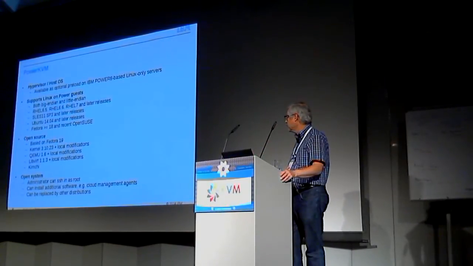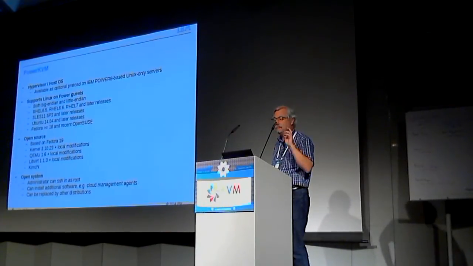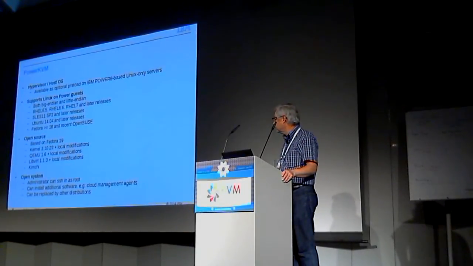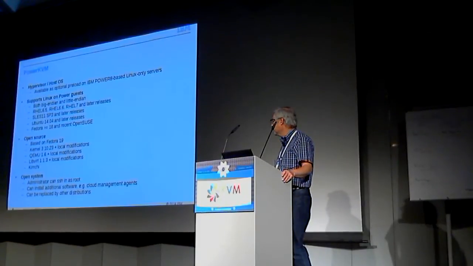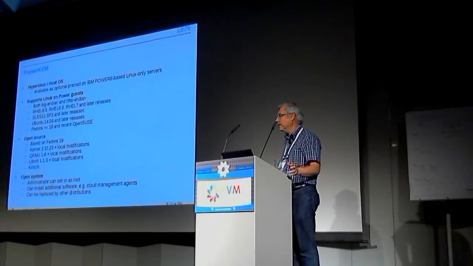It's an open system. We haven't locked it down in any way. You can SSH in as root and you can change things, configure things. If you change things too extensively, then we might start to say that it's going to be hard to support that. But for normal things, that's fine. You just SSH in as root and configure it the way you want.